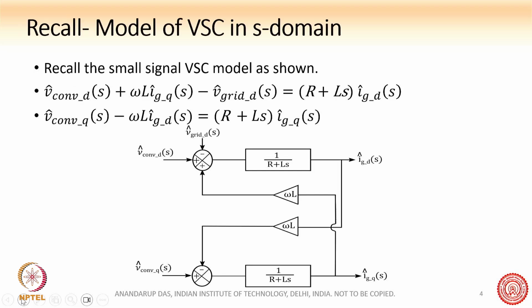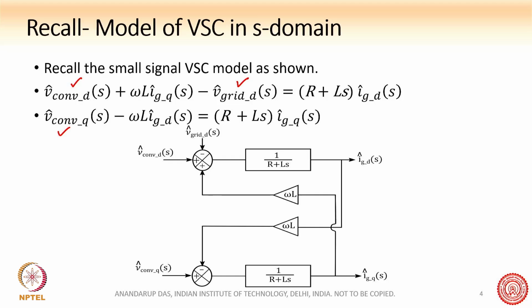At first let us recall the model of the VSC that we had developed in the S domain. Here you can see the D and Q axis equations that we have derived. There are the converter D axis voltage and converter Q axis voltage, interacting with the grid voltage.